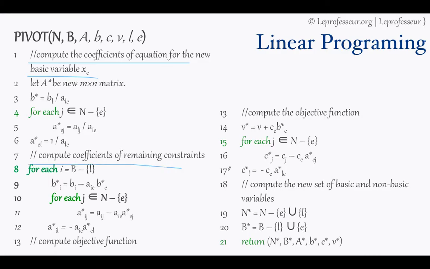The second step is to compute the coefficients of the remaining constraints. After doing that, the third step is simply to compute the objective function, and you get the new program, a new set of basic and non-basic variables.